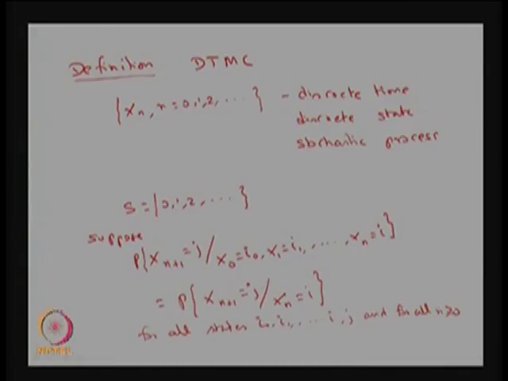If this property is satisfied for all states i naught, i 1, i, j, as well as for all n greater than or equal to 0, then this discrete time, discrete state stochastic process is known as a discrete time Markov chain.